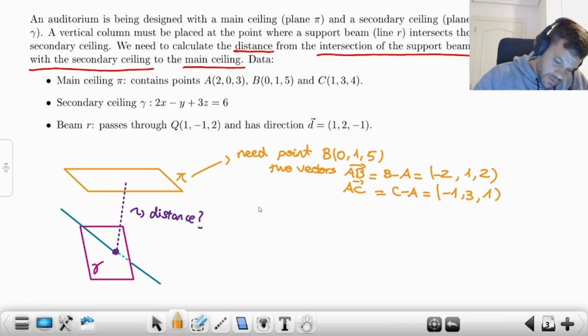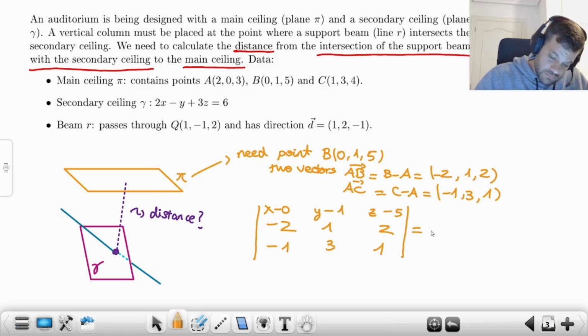So this 3 by 3 determinant: x minus the point, y minus the selected point, z minus the point, and then the two vectors, -2, 1, 2, and -1, 3, 1.